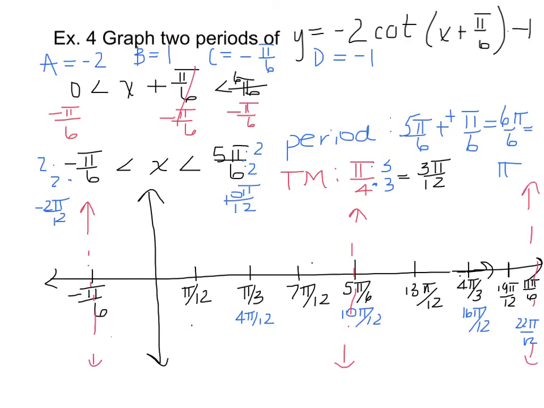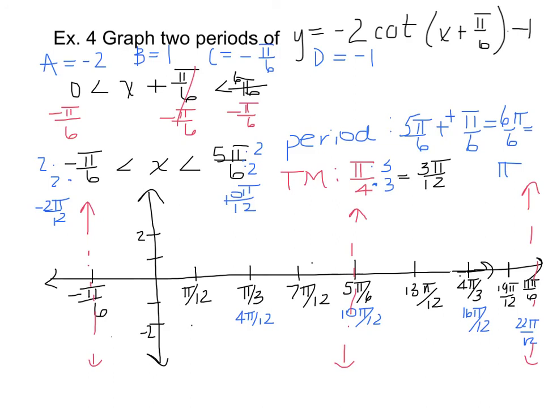Okay? And we got 2 and negative 2. Okay, be careful when you do this because I know you have a tendency of making 0 one of your tick marks, but in this case it's not. So when you graph it, your next tick mark was pi over 12. This is a negative cotangent. So then that means it's going to look like tangent.